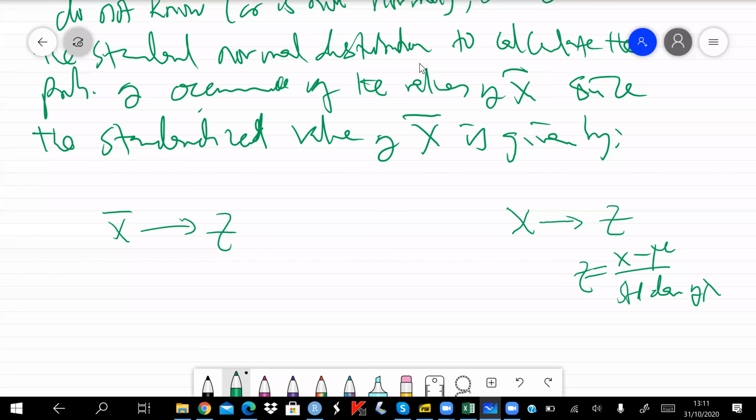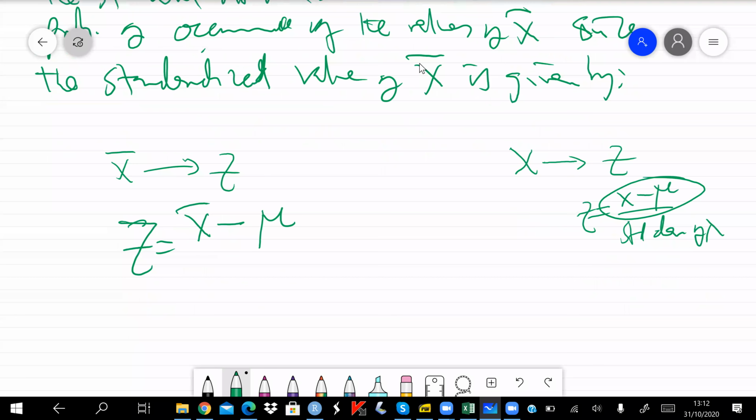So z will be equal to x bar minus mu, just like the case of x, divided by the standard deviation of x bar. Here it is the standard deviation of x. So that's the difference.